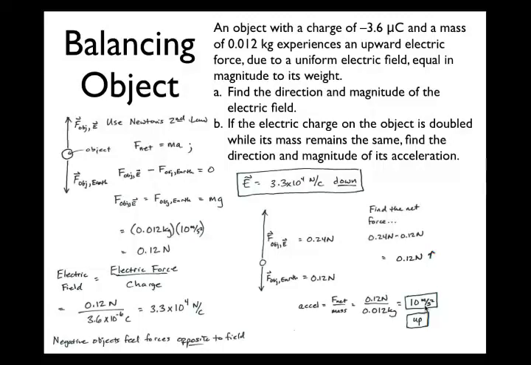By the way, if you worked with g being 9.8 meters per second squared, you're going to get 9.8 when you get here. The acceleration now is in fact equal to the size of the acceleration that gravity would put on this object, but it's in the upward direction because the net force is in the upward direction, so this object would accelerate up.